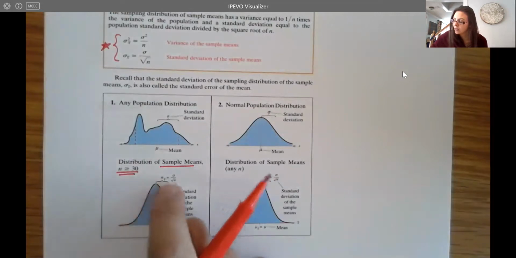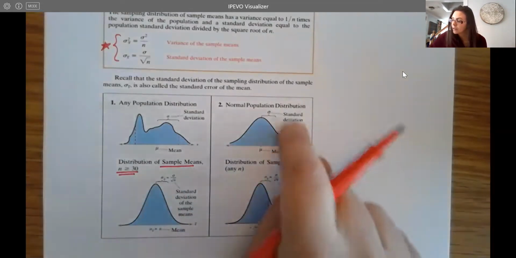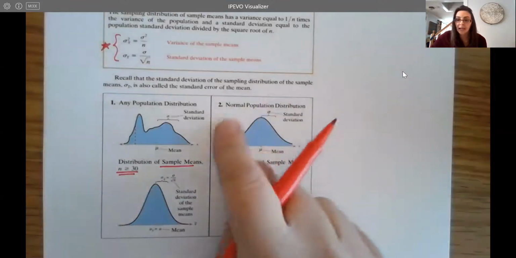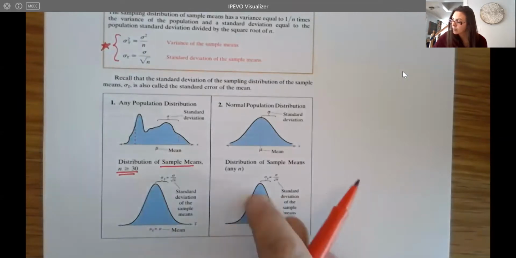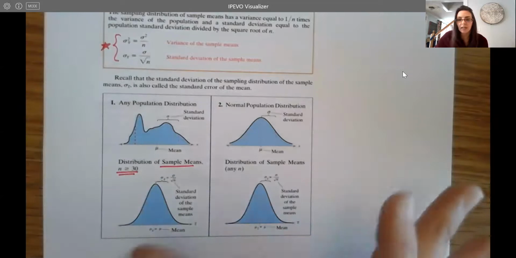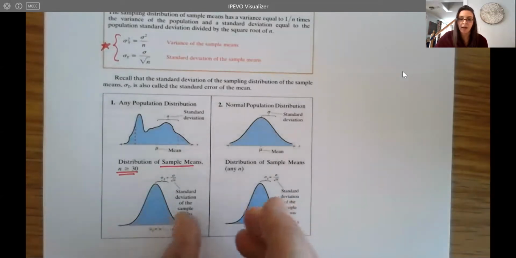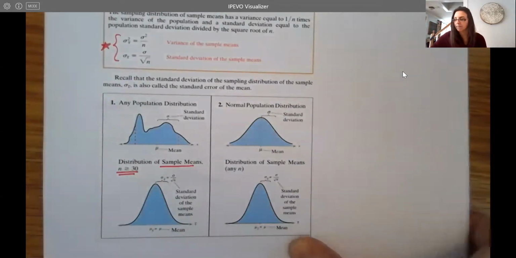Then those means form their own bell curve. If your population is already normal, then you don't need large sample sizes. Any sample size is fine, and you'll see that the means, again, will form a bell curve. The hardest thing here is to keep in mind that we're not looking at regular data. We're looking at means. I have a whole bunch of means, and that's my data set.